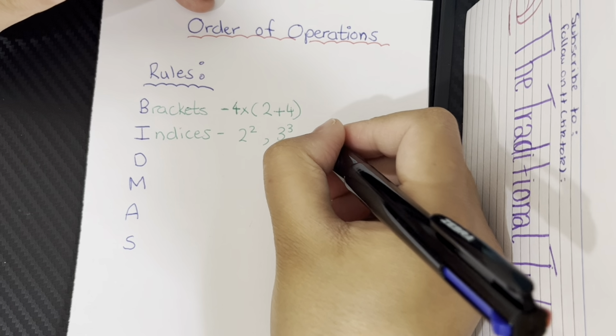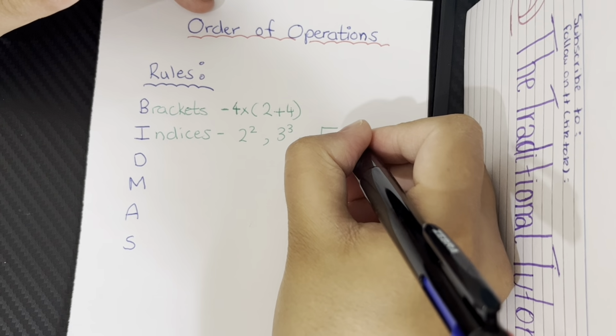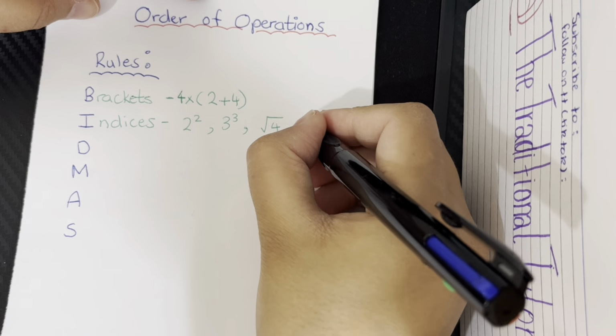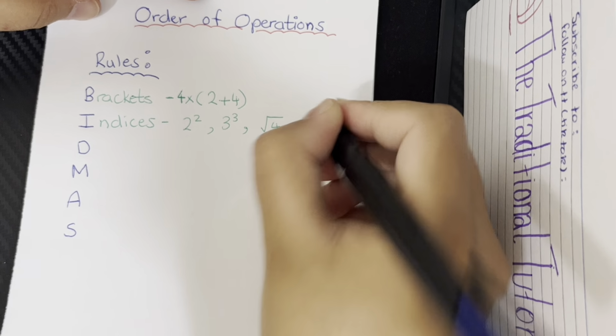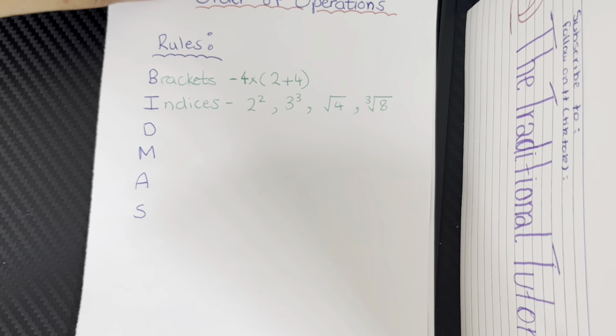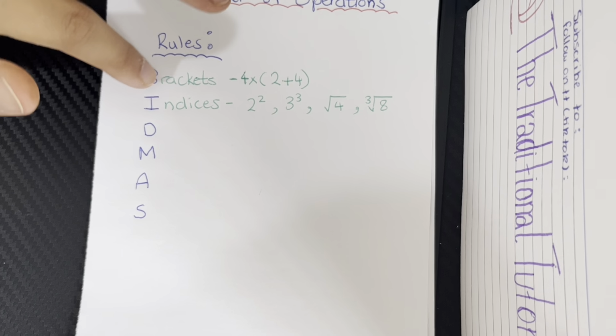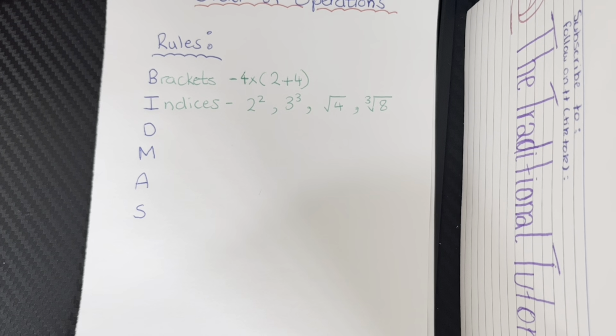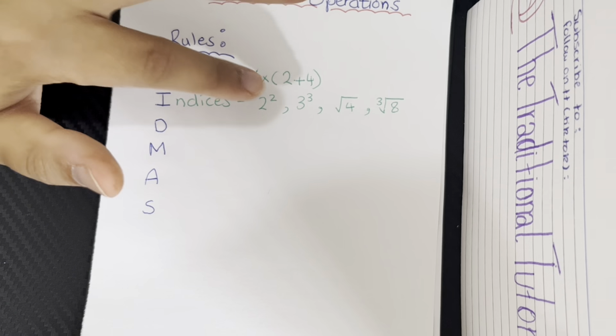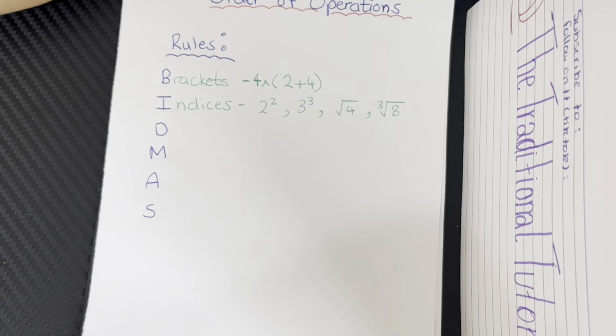For example, the square root of 4, or the cube root of a number like 8. You'll be expected to solve indices after brackets in any given question where you've got both of them. We just mean powers and square roots as well.